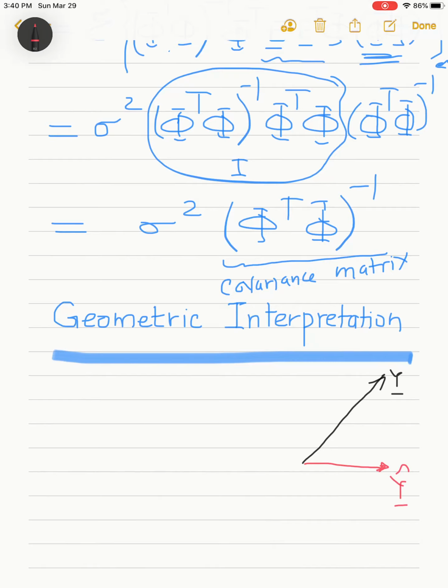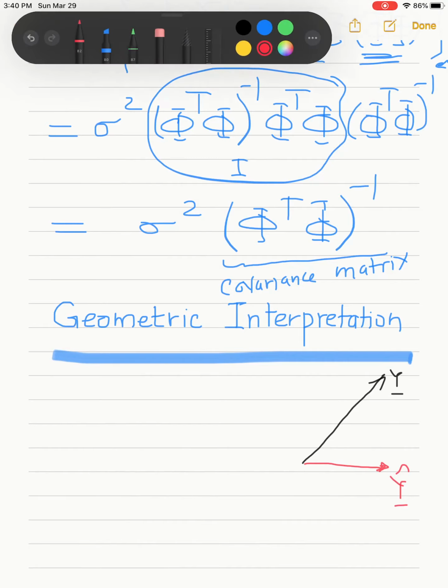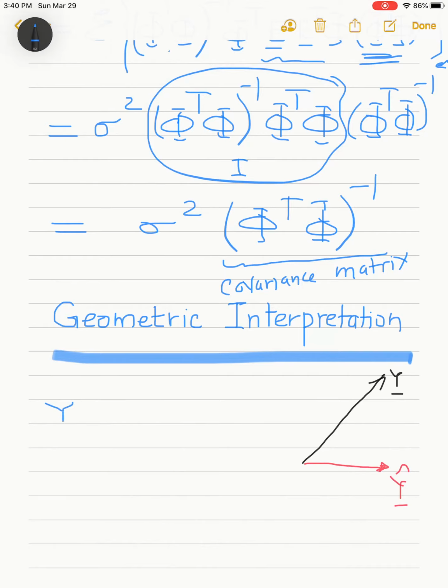Now, we know the relation that we have used to relate y and y hat. We say that y is equal to y hat plus an error vector, where y hat is equal to phi times theta.